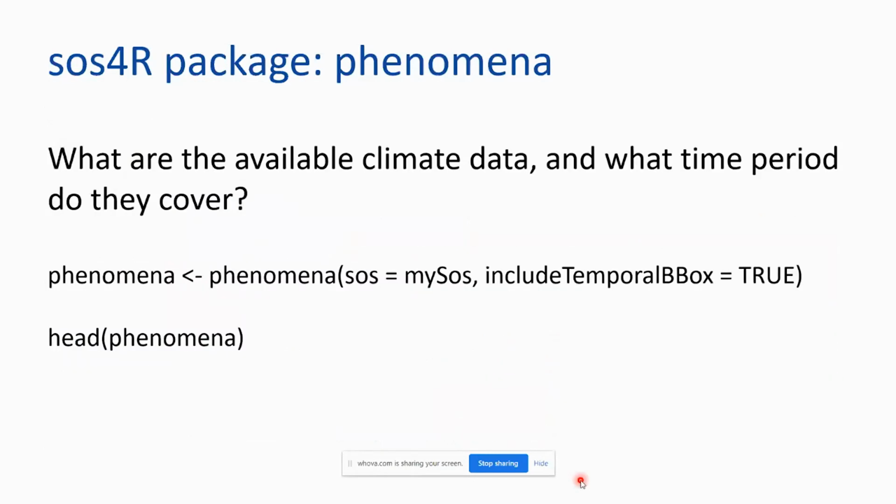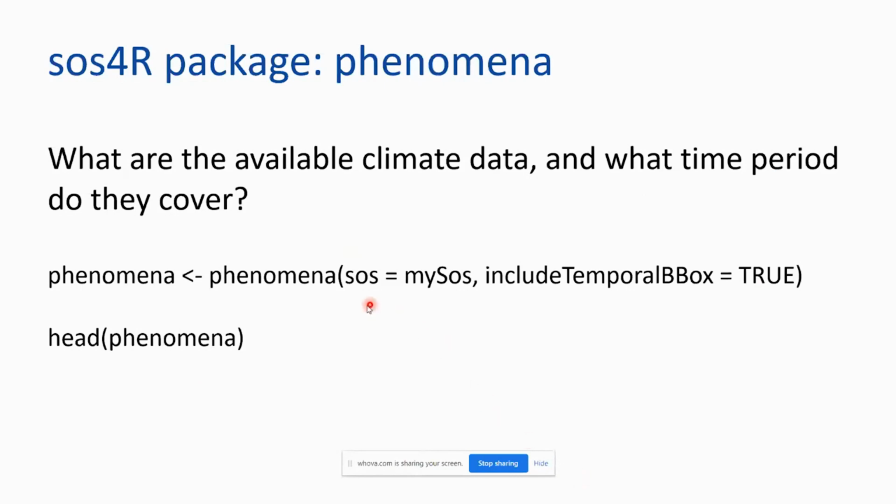Now, okay, so you know what climate data is there, part of the exploration process. What time period does that climate data cover? There was something there about wind gusts above a certain speed. Well, when does that data start, and when does it end? That's an obvious thing to want to know.